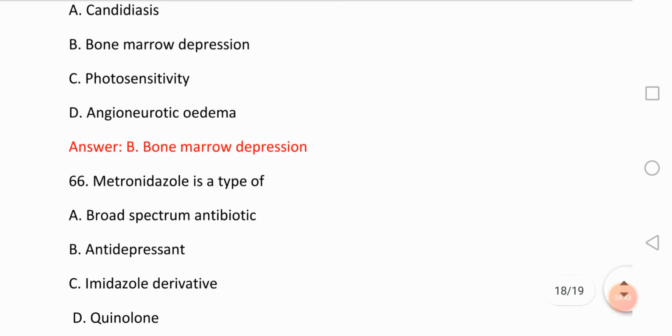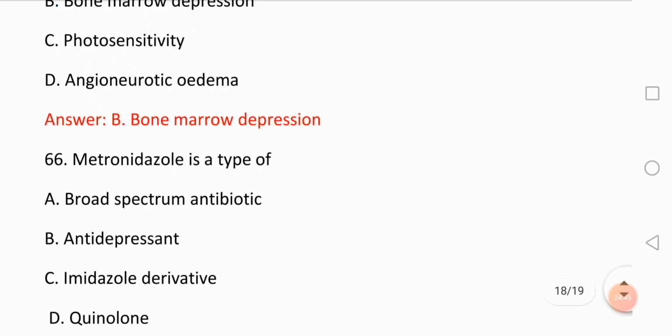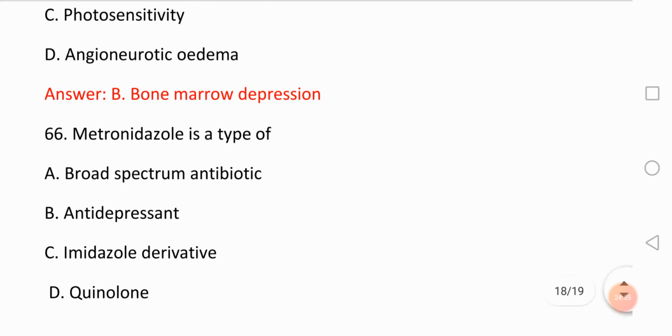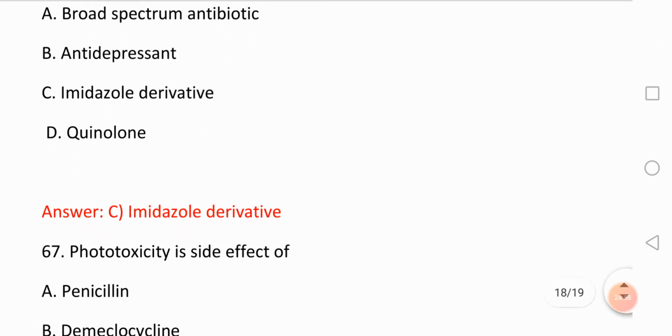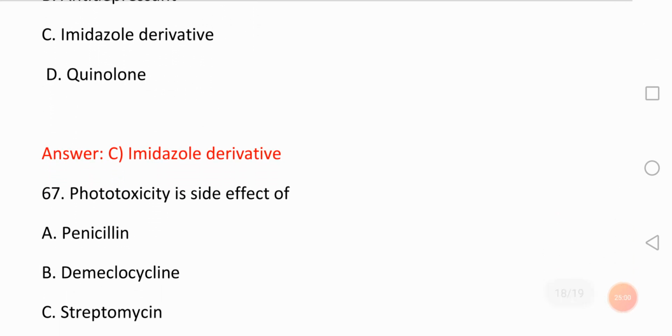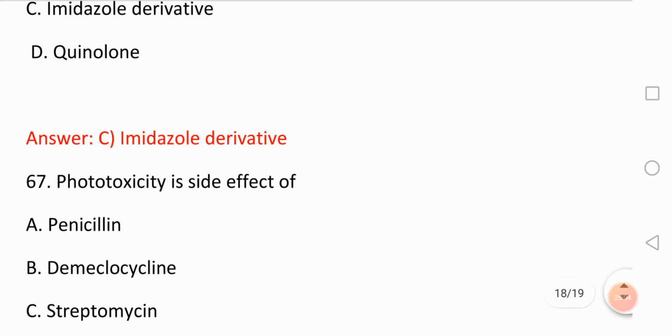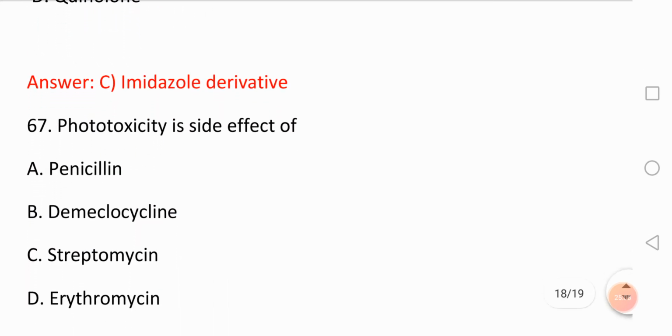66. Metronidazole is a type of A. broad spectrum antibiotic, B. antidepressant, C. imidazole derivative, D. quinolone. And the answer is C part, imidazole derivative. 67 question. Phototoxicity is a side effect of A. penicillin, B. demeclocycline, C. streptomycin, and D. erythromycin.